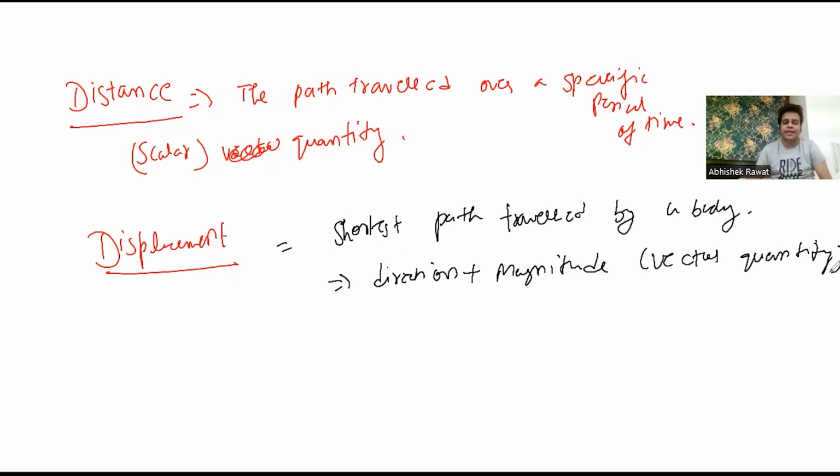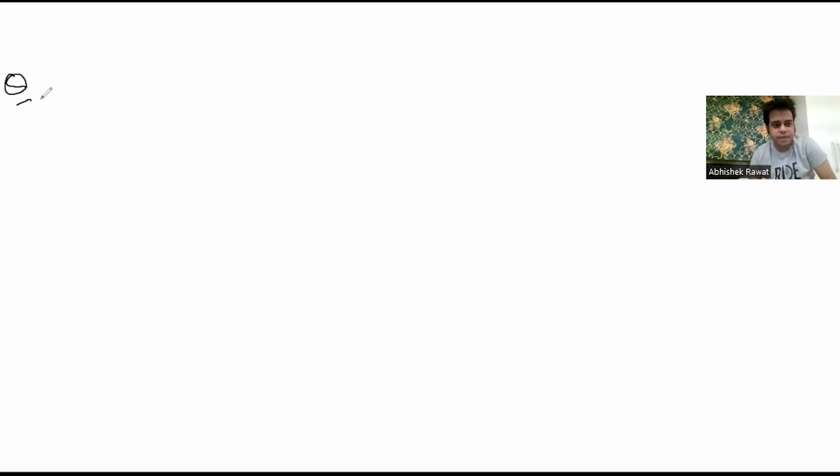We can see that with an illustration, and we will see some examples which are useful to understand this topic. The same concept question also came in the NEET exam, so we will see that question also. Suppose I am at A and I need to travel from A to C. There are multiple ways.